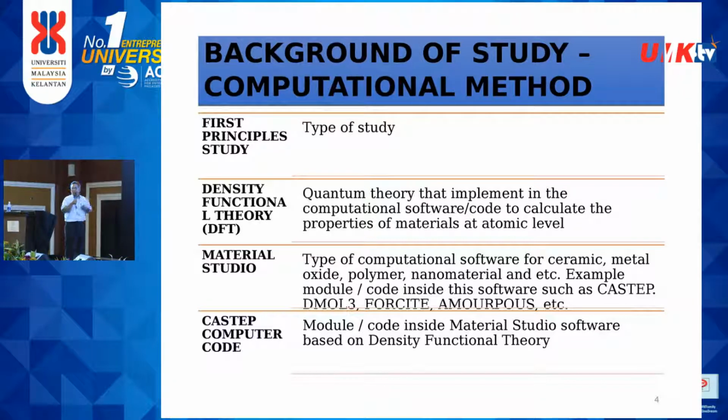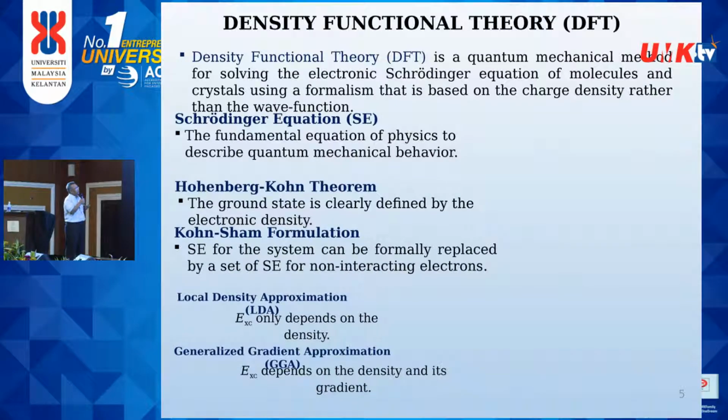All right, so this is some background of DFT. Density functional theory is a quantum mechanical method for solving the electronic Schrodinger equation for molecules and crystals using a formalism that is based on the charge density rather than the wave function.